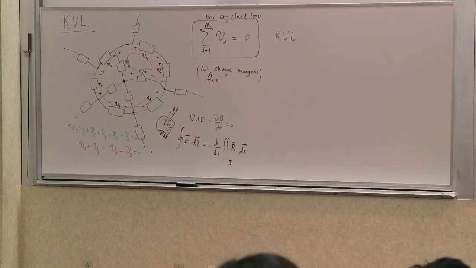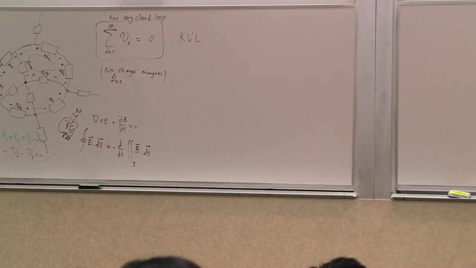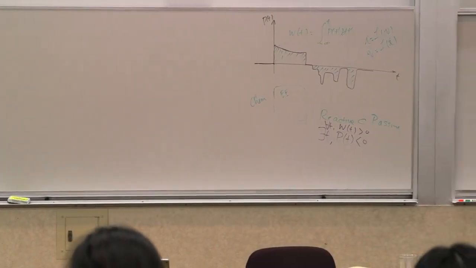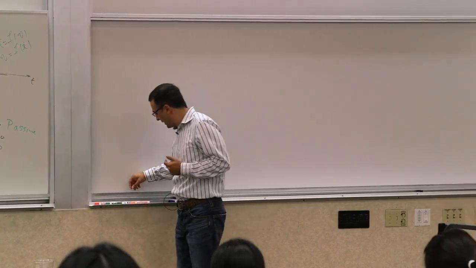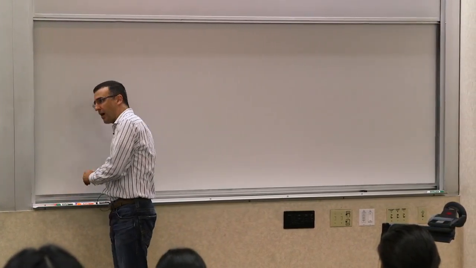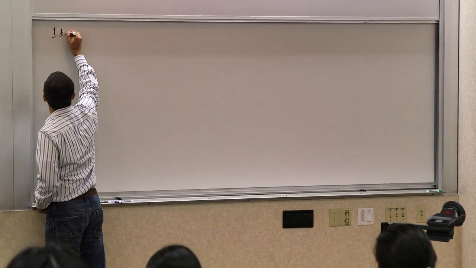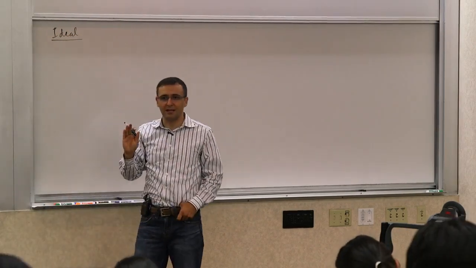Now, let's go back to continue our discussion on the sources. We talked briefly about the sources, but let's talk about these ideal sources. So the question is, how do you model them? And what do you say about them? So we're talking about ideal sources. Again, we are still in the realm of definitions and the basics and the fundamentals to make sure everyone is on the same page and we have solid ground.